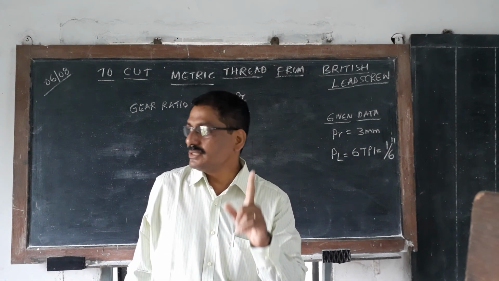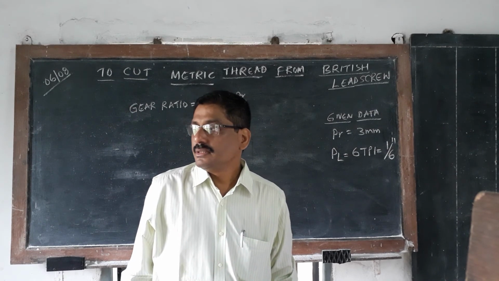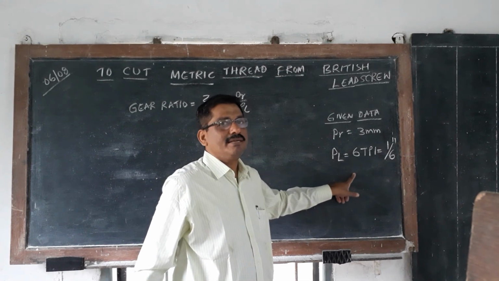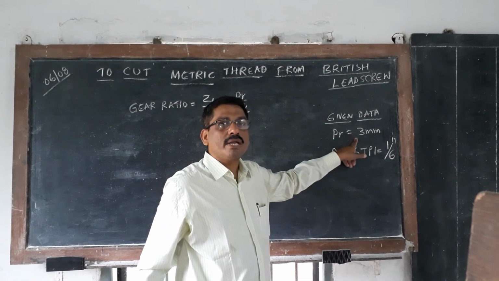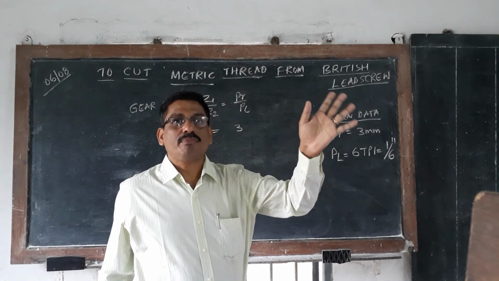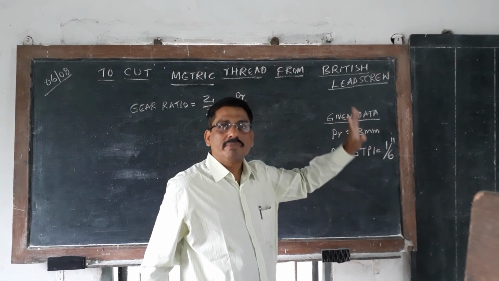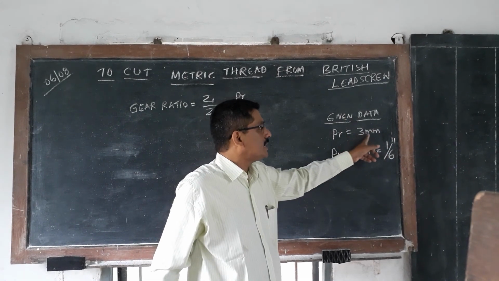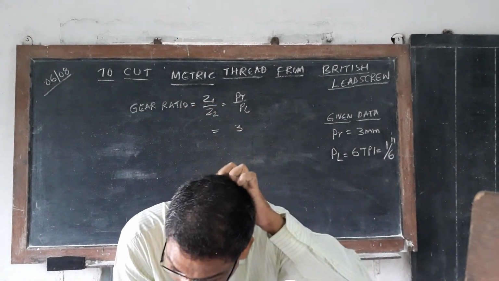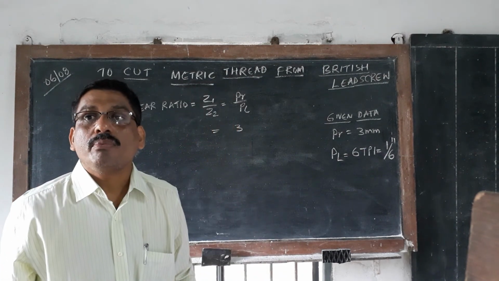What you have to do is, this is in British, and this mm you have to convert into British. That is more important, keep it in mind. For this, you have to divide by 25.4.